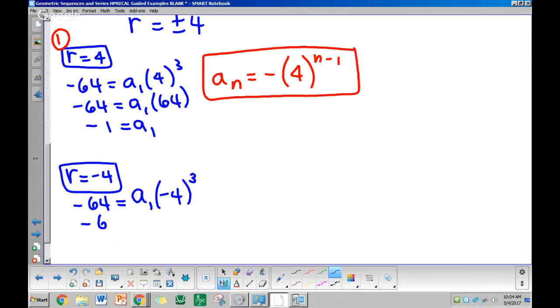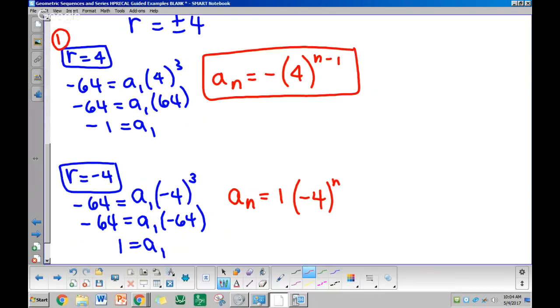So this is negative 64 equals a sub 1 times negative 64. So a sub 1 here in this sequence is 1. So that means our a sub n here would be 1 times, you don't have to show the 1, negative 4 to the n minus 1.